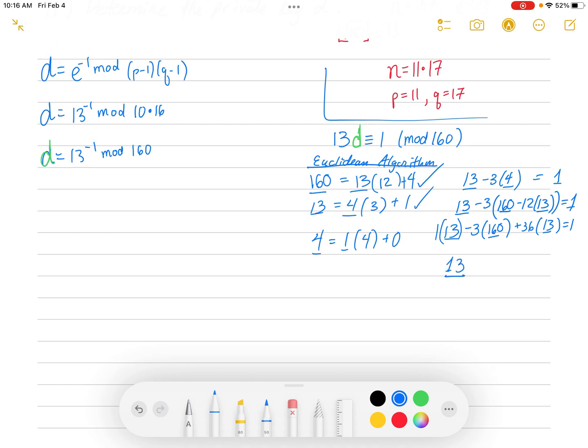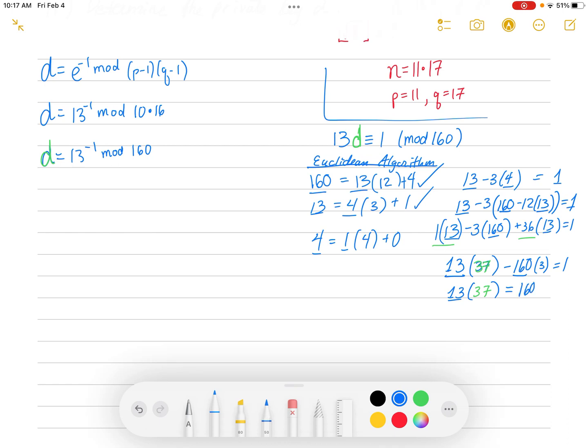Let's write it this way. 13 times 37. Right, it's combining these together. The 1 and 36 is 37. Minus 160 times 3 equals 1. So what I'll do, I'll get the 13 times 37 by itself.